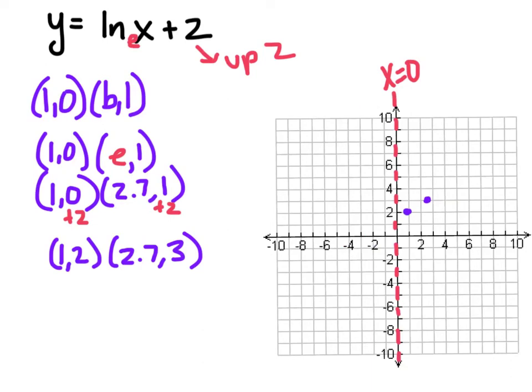Draw my smooth curve through it. This is smooth enough. And then I say my domain is all of the x's bigger than 0, because it's all to the right of x equals 0. And the range is all real numbers.